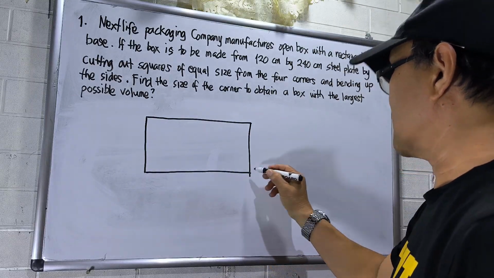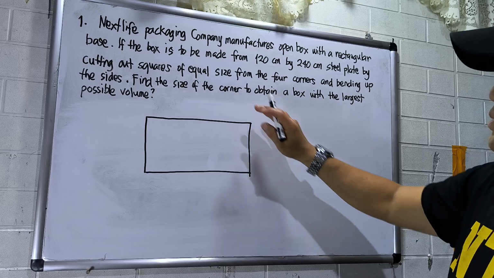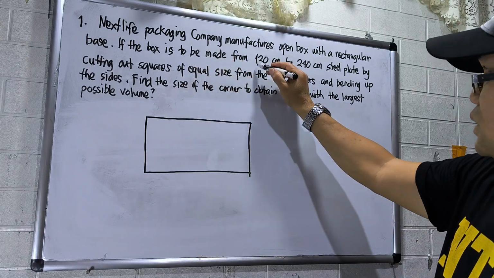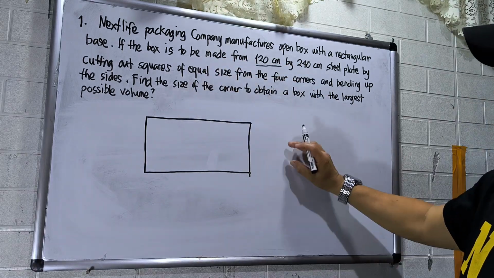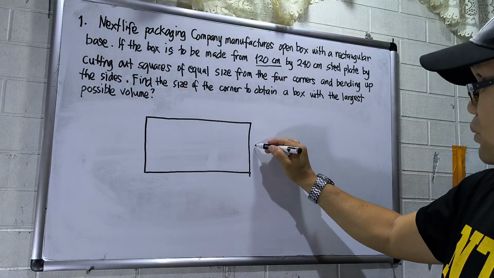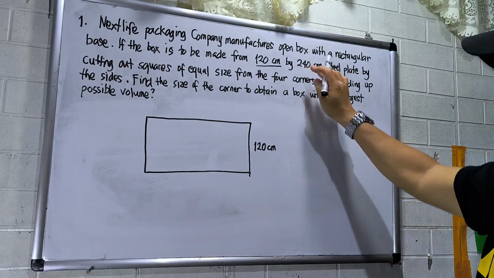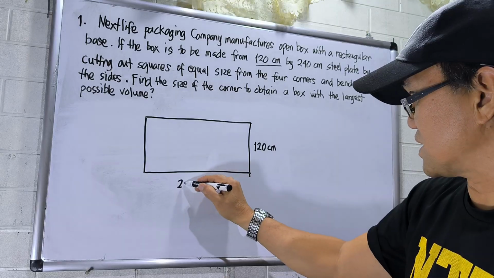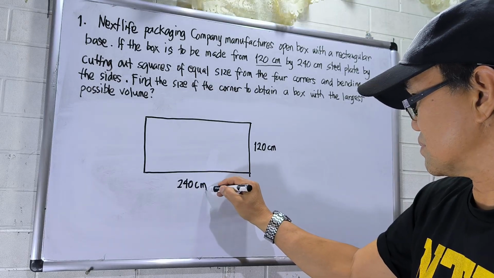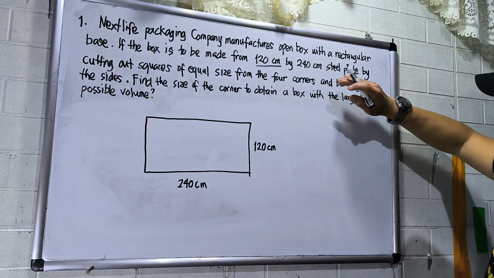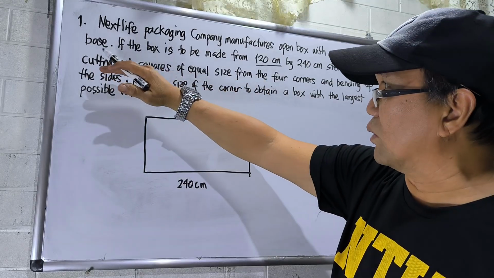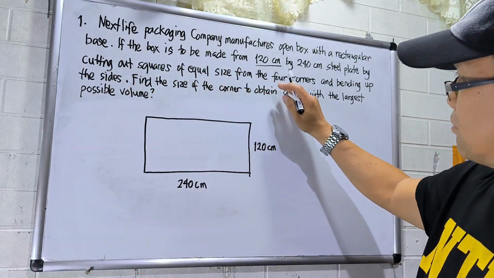If the box is to be made from a 120 centimeter by 240 centimeter steel plate, we know that 120 centimeters is our width and 240 centimeters is our length, by cutting out squares of equal size from the four corners.